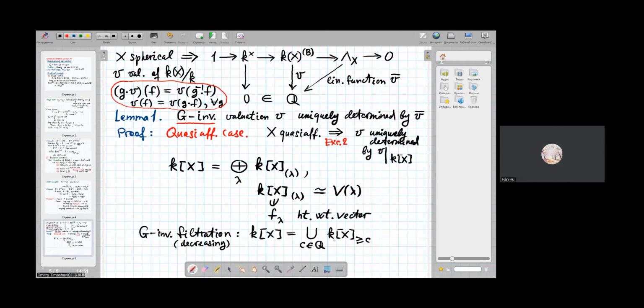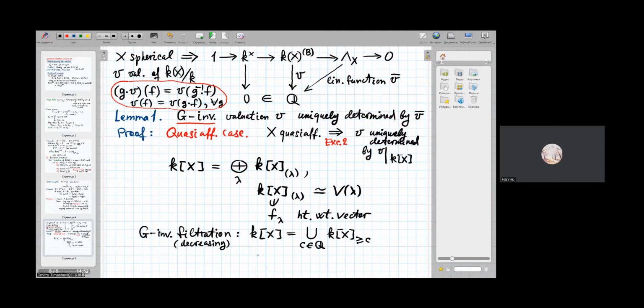Essentially, this is what we usually understand by filtration. So what is this subspace? The no less than c means the value is bigger than c, right?